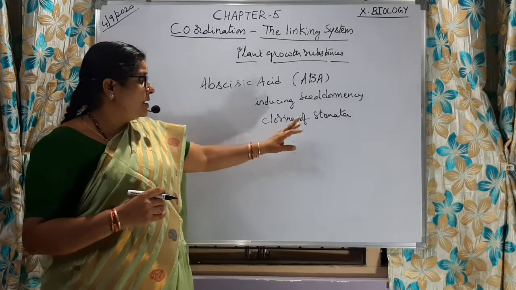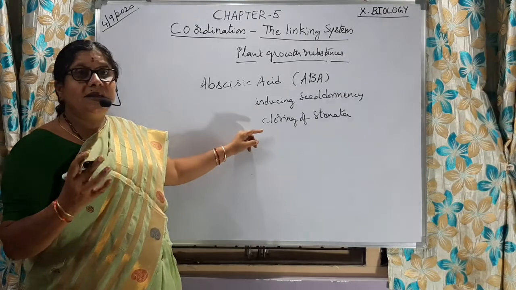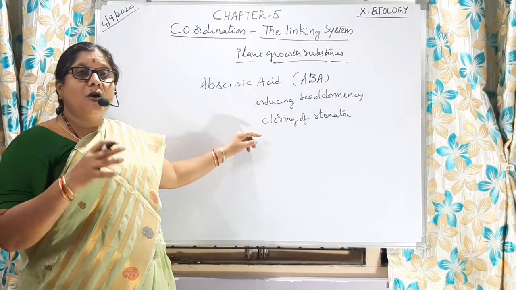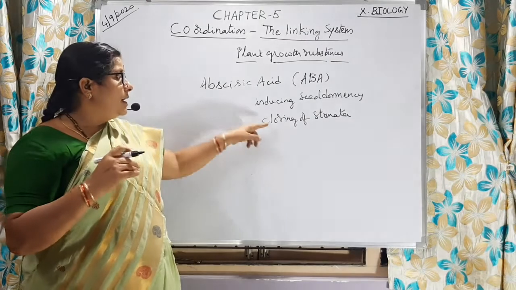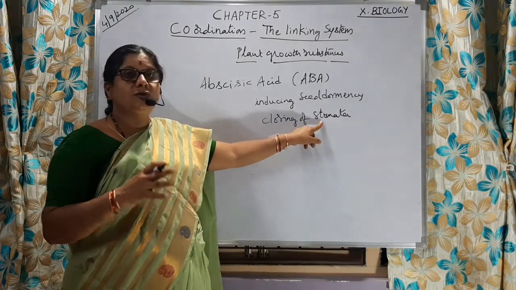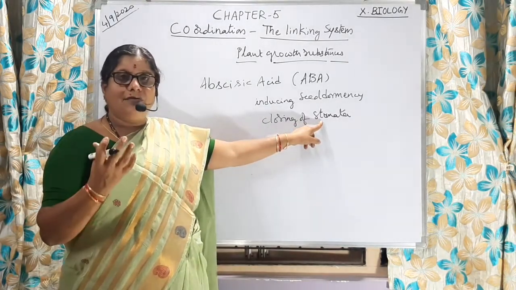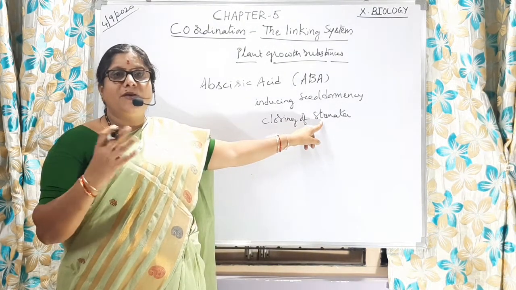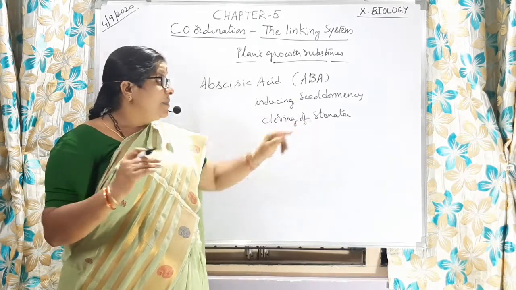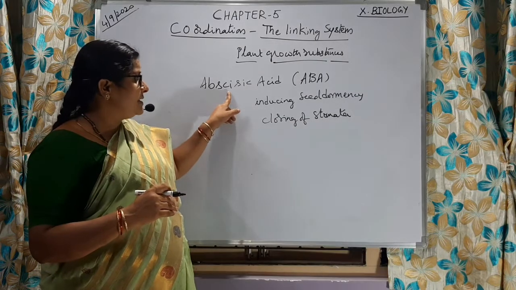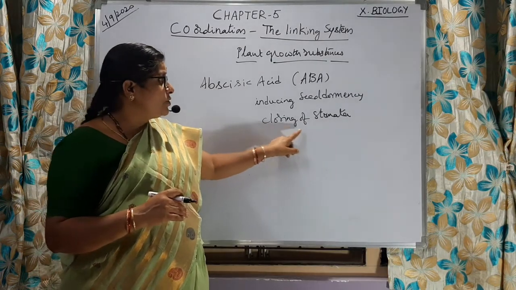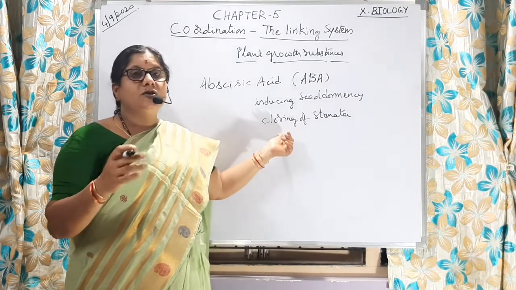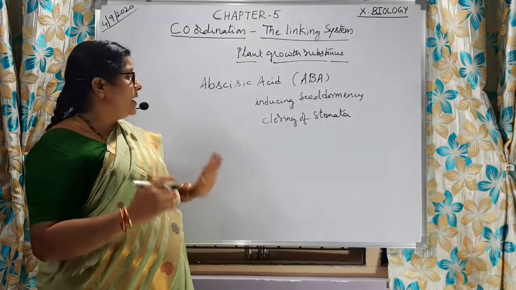That is to control the water loss. Means water problem will be there. To avoid that water problem, the stomata will be closed so that the water they have taken is present in the plant. If leaves are there, through evaporation the water will be lost. But it is not happening because of abscisic acid. The stomata will be closed. Apart from that, we observe shedding of leaves so that rate of transpiration will be reduced.